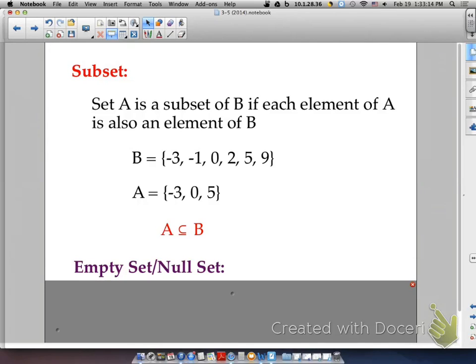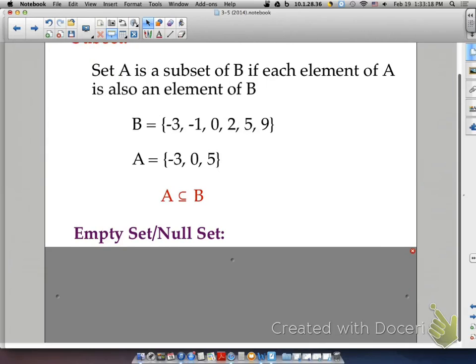All right. Now, we're going to learn about a few sets. There's also something called an empty set, or a null set. How do you show an empty set? Just two brackets.